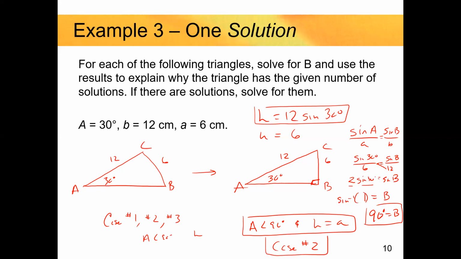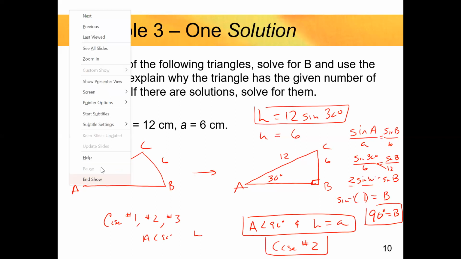I can't totally see what happens after sine of 30 over 6 equals sine. Sure, I'm trying to find where my little cursor is.